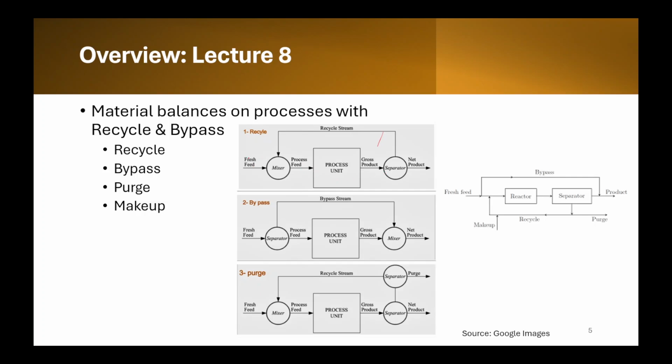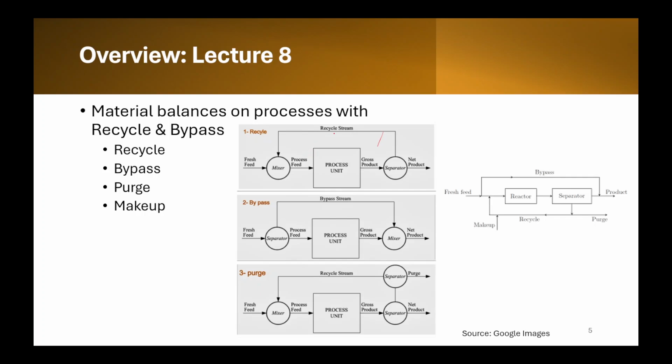However, this is the fresh feed, and whatever the effluent from the reactor is coming out goes through a separator, which separates the unreacted reactant and sends it back and joins it with the fresh feed. This is the process feed, also called the mixed feed.